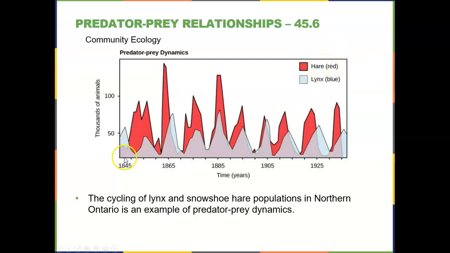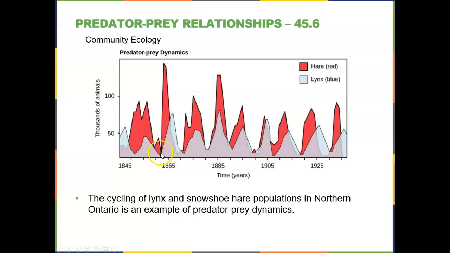Over time, here we have mappings of the populations of these rabbits and the populations of the lynx. Anytime we have an increase in the rabbit population, we see shortly thereafter an increase in the lynx population. But then the lynx population gets high and the rabbit population goes down because the lynxes are eating all the rabbits. Then the lynx population follows with a decrease.